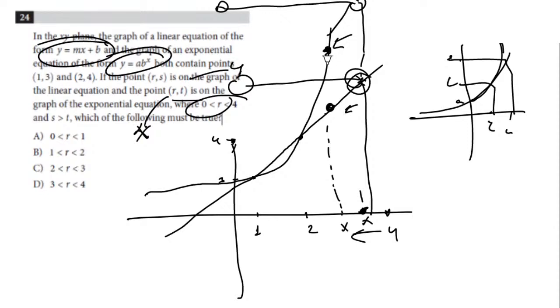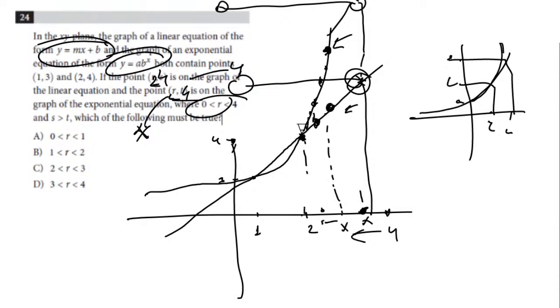So the same will happen each time I go here. My x goes this way, this way, this way, and they come closer and closer until this point, 2. At the point 2, r and r are the same, right? It's 2, 2 here and 4, 4 here because both functions go through these points.